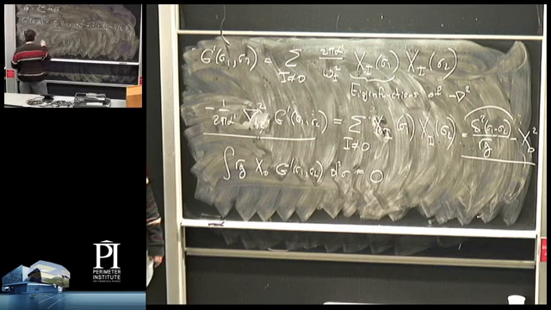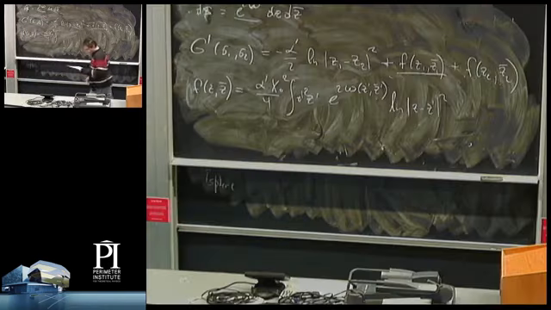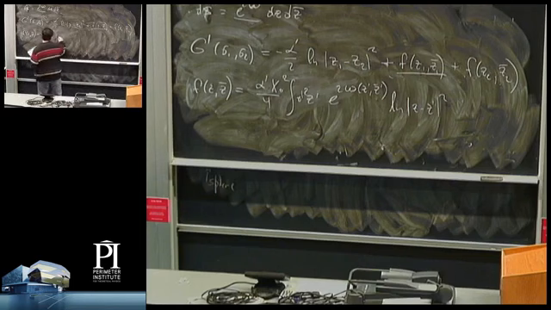So I'm just going to write down the answer. x naught squared is a constant, and here I have an integral over z prime, e to the 2 omega of z prime, z bar prime, and then log |z minus z prime| squared. Now you can see what will happen.